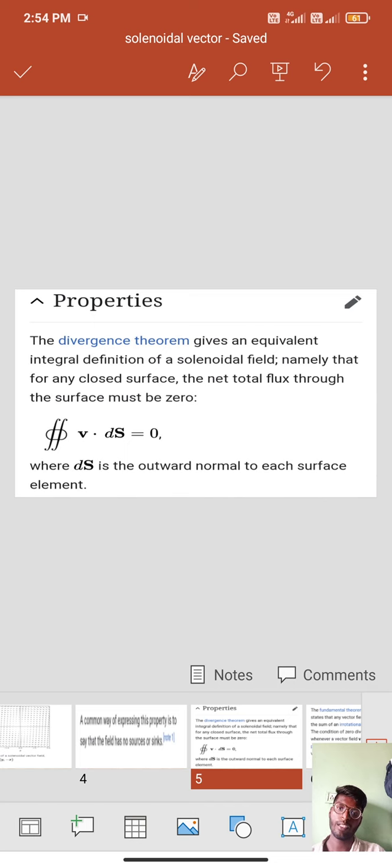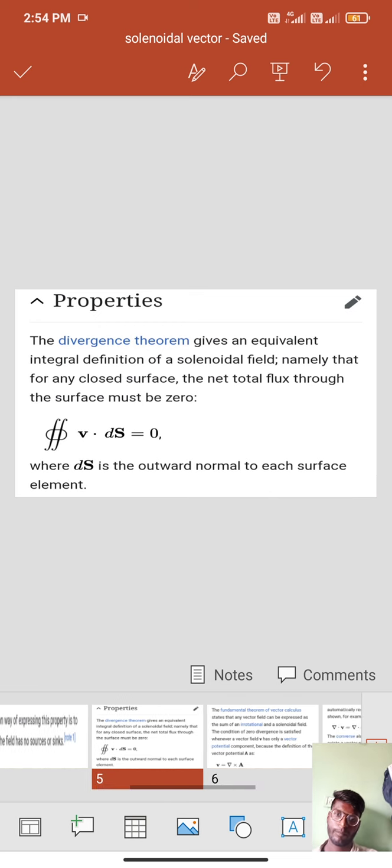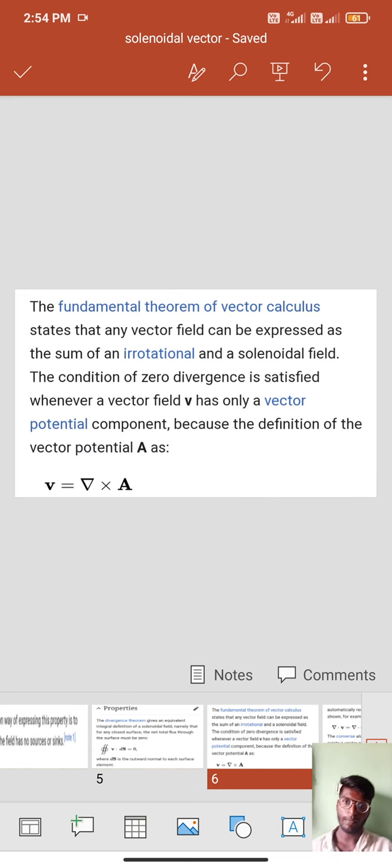The integral of V·dS equals 0, where dS is the outward normal to each surface element. The fundamental theorem of vector calculus states that any vector field can be expressed as the sum of an irrotational and a solenoidal field.